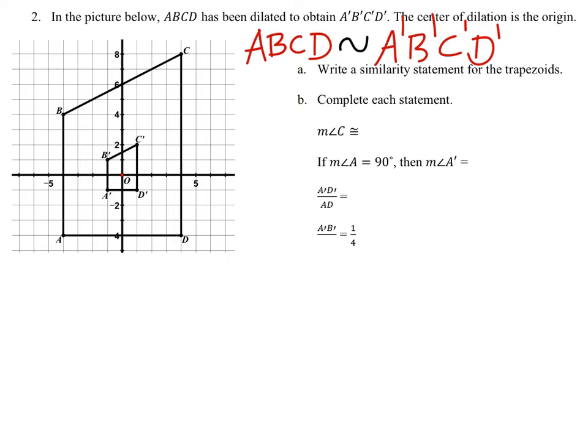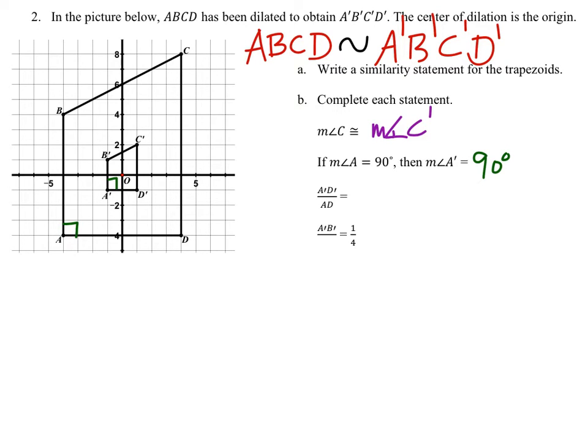So we will complete the following statements. The measure of angle C should be congruent to the measure of angle C prime. And the measure of angle A, which is 90 degrees, should be congruent to the measure of its corresponding angle from the image, which also is 90 degrees.